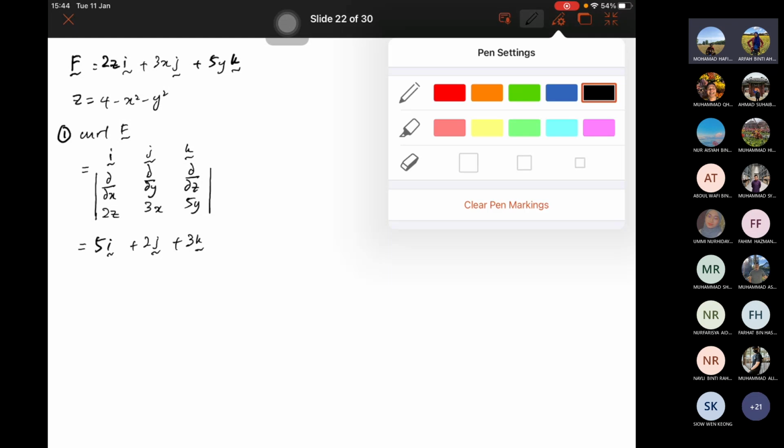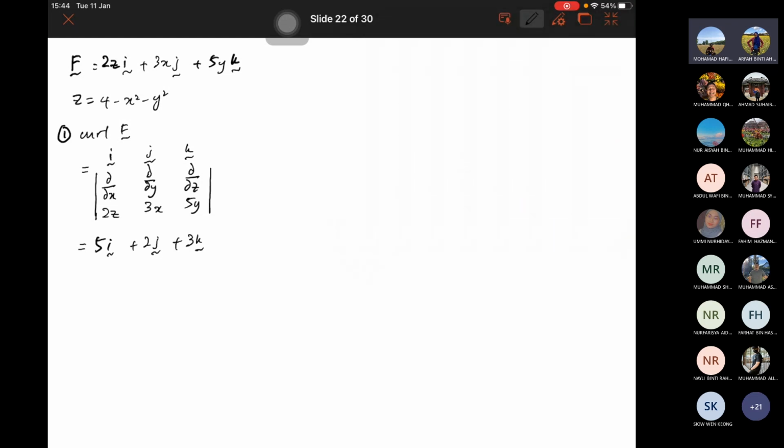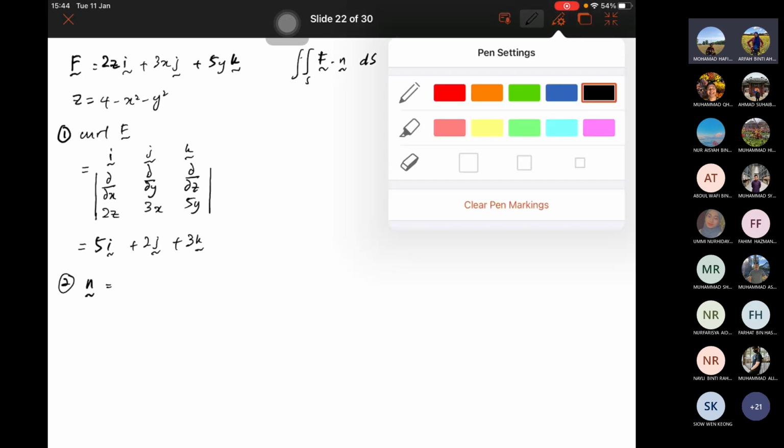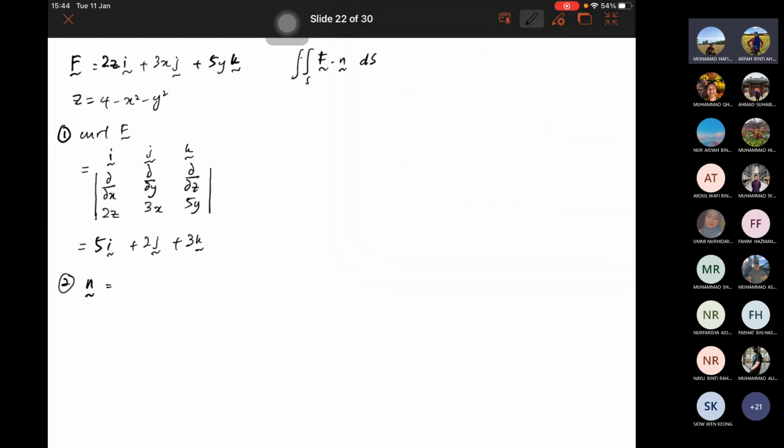So yang kedua kita kena dapatkan dia punya unit normal vector. Okay, because we are going to use this integration of f dot n ds. So n akan sama dengan delta g over this one. Okay.